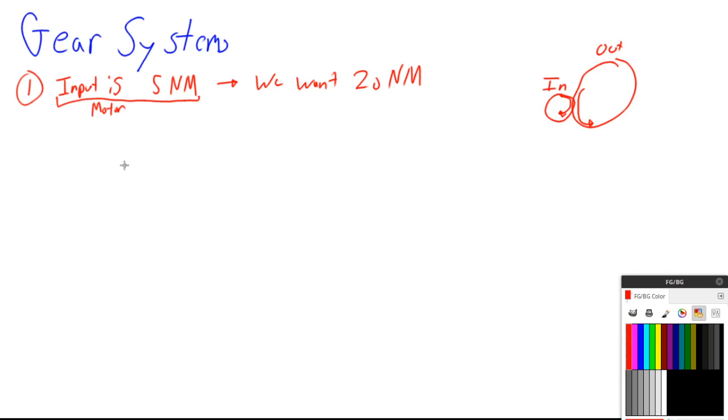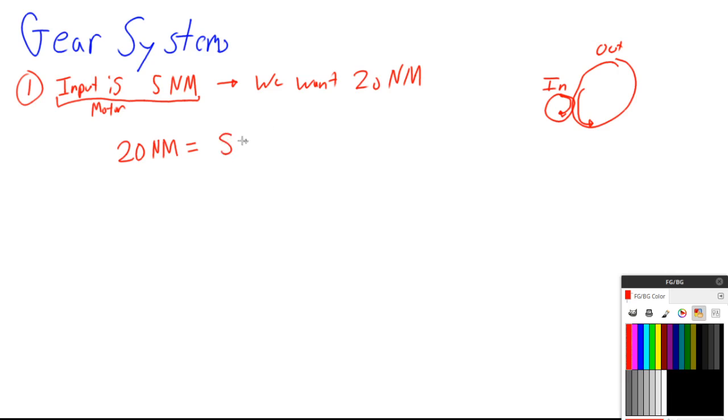Our output torque that is desired is 20 Newton meters. For our gear system, it equals our input torque times the number of output teeth over the number of input teeth. Our input torque is 5. And then we just have a ratio here.